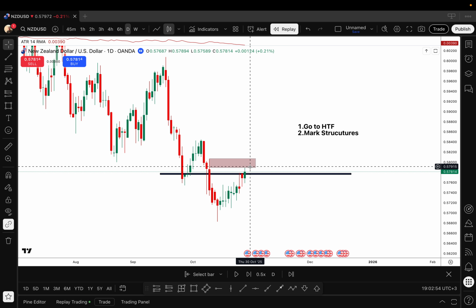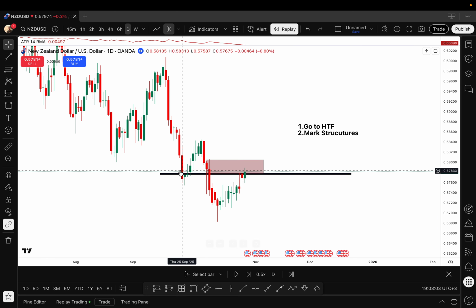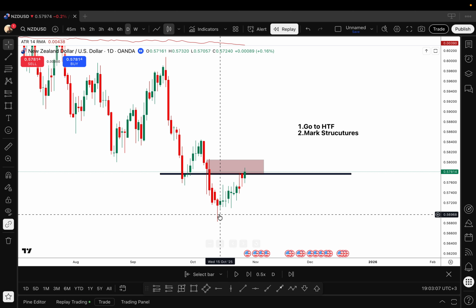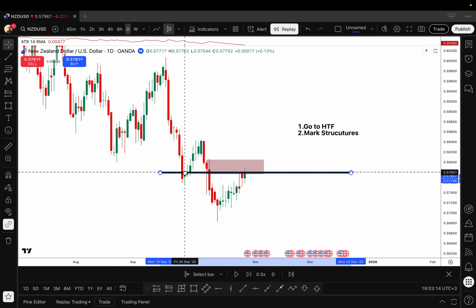Which are the structures that you want to mark? You want to mark your support and resistance. You want to mark your demand and supply zones. So I can see a demand zone here, and then I can see this is the previous support that price bounced off and then broke out to form resistance. So this is a zone that I'm going to mark clearly like that.